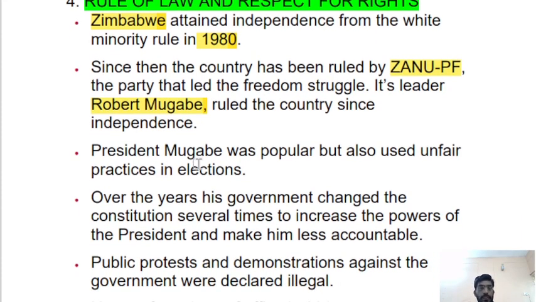After becoming president, Robert Mugabe was not following the democratic rules. He was not listening to the words of the opposition parties. If anyone protested against the government, he punished those persons.